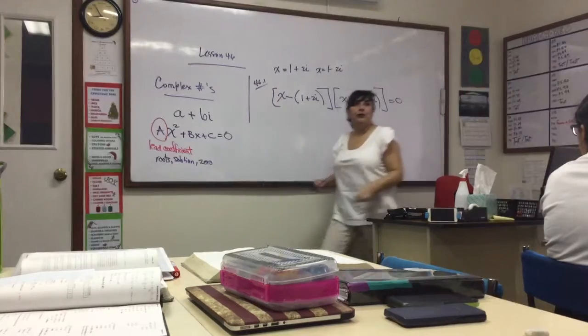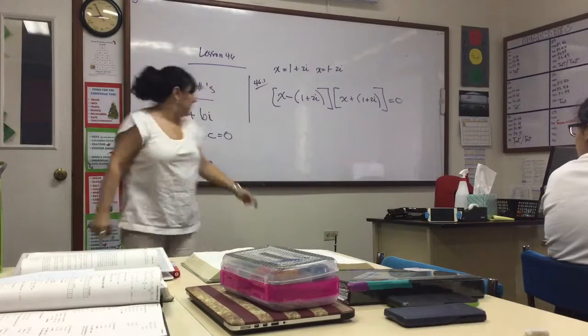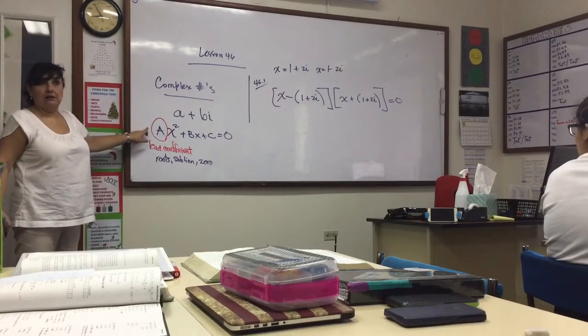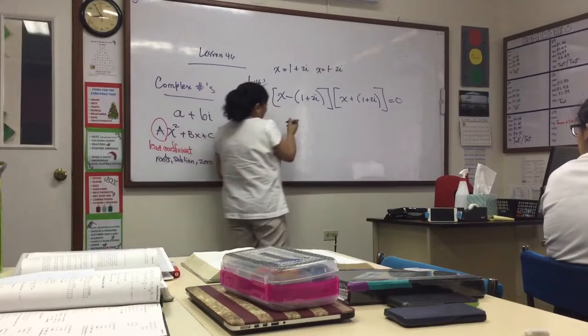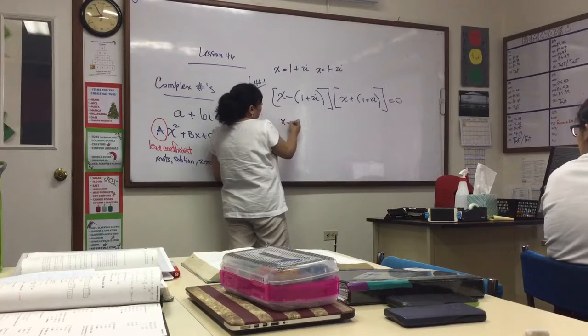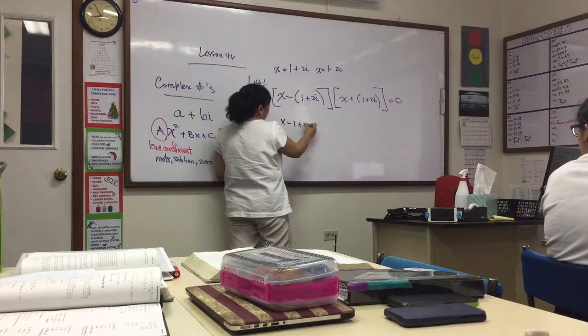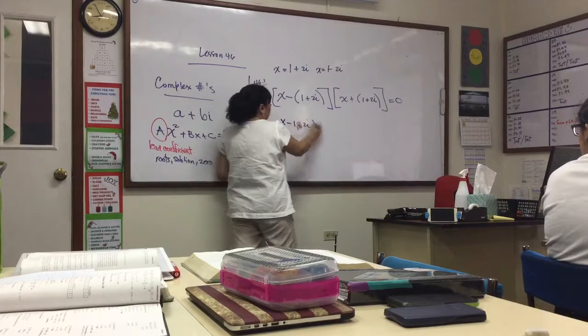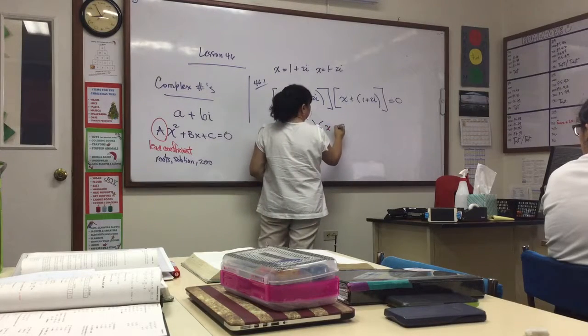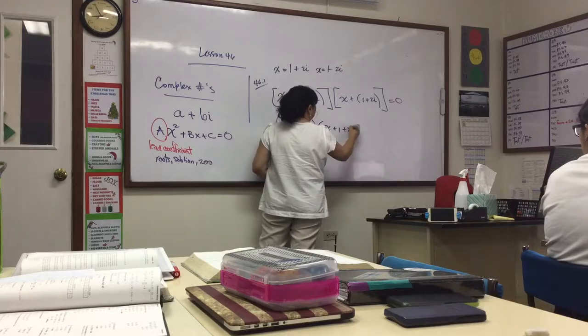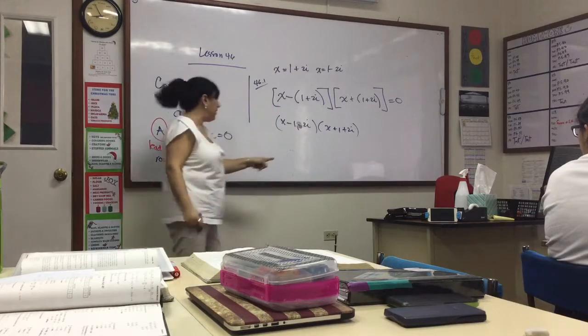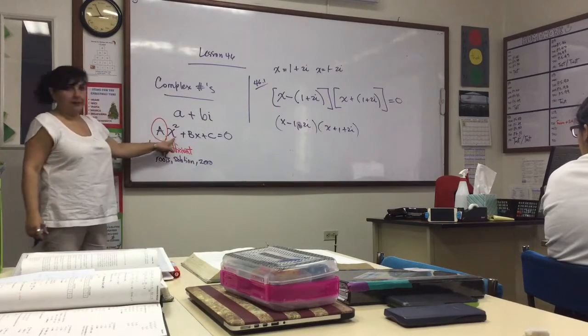Now what do I do? Because I need to get to this, multiply. That's all you do. First you simplify and you've got 1 plus 2i minus 2i, and then x plus 1 plus 2i. And then you multiply and eventually you will get to something like this.